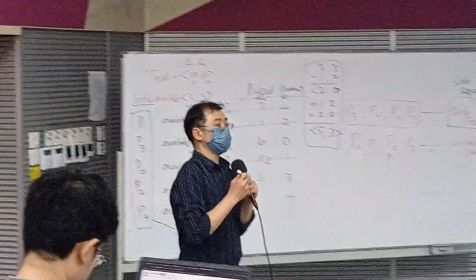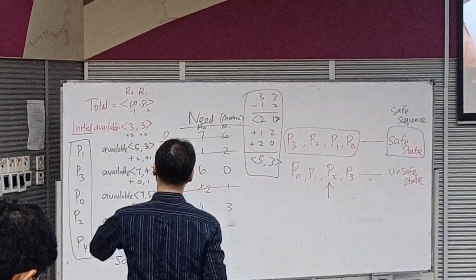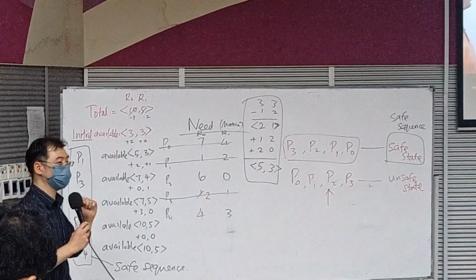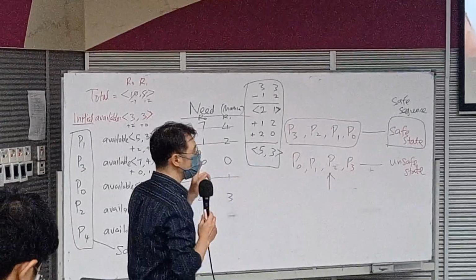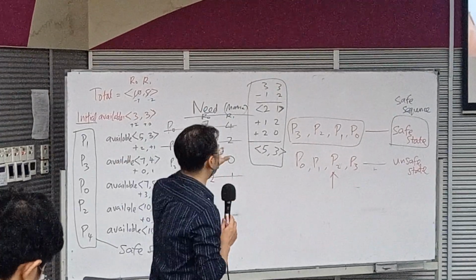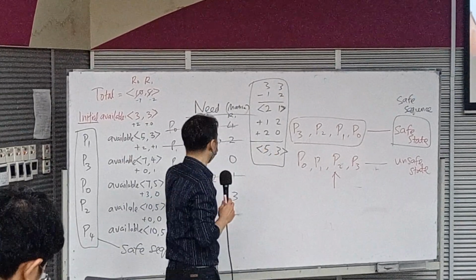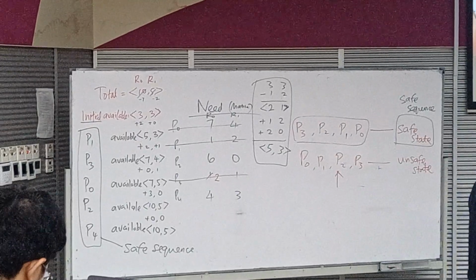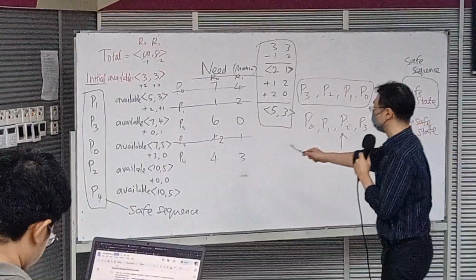Okay? So when we assign the process, we have to assign it like this. Alright? That means the operating system says, okay, since I can find the safe sequence, now I can allow this guy to acquire 1.0. Okay? So does it approve this request from P3?